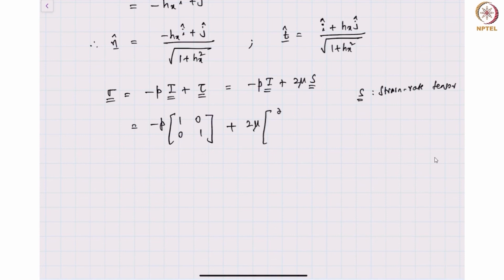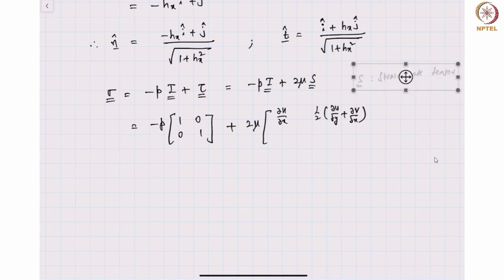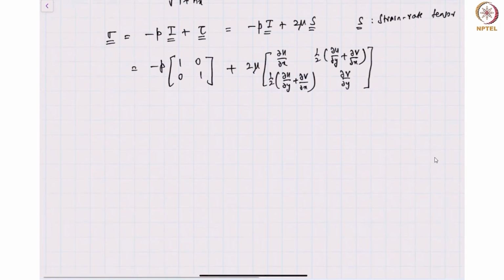This will be del u by del x. Here we'll have del u by del y plus del v by del x. It's a symmetric tensor, and finally we have del v by del y. We have all these terms.